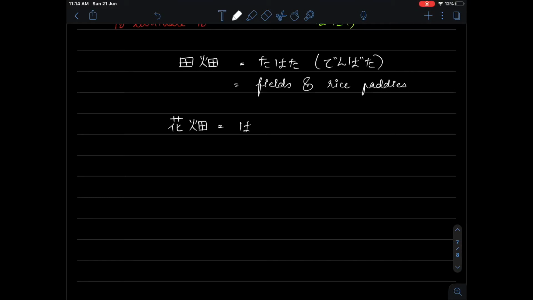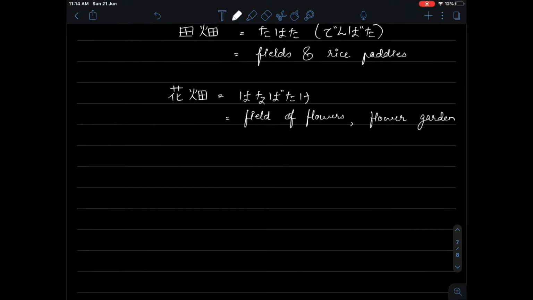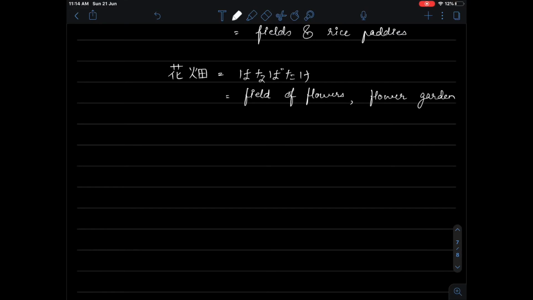Okay, this is Hanabatake, or field of flowers. Or a flower garden. Okay. Let's have a look at the next word.